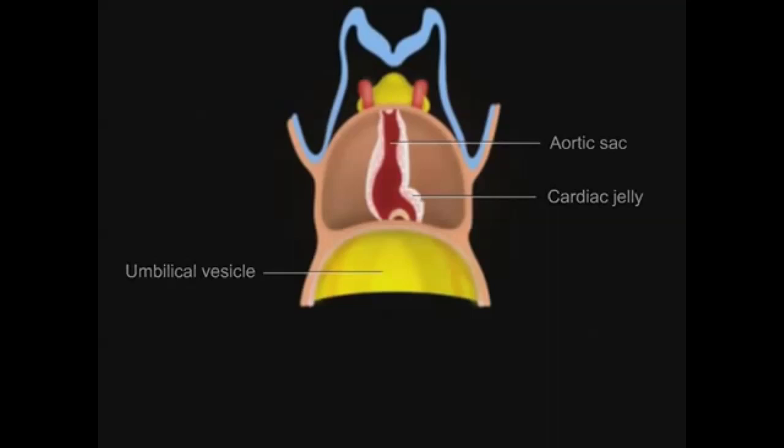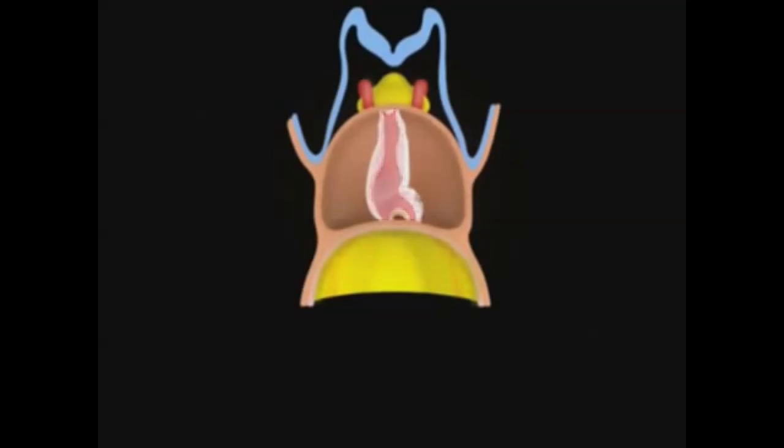And from this yolk sac, several umbilical vessels begin, and they enter the heart. Now, let us see which way the heart will develop in the next several days.